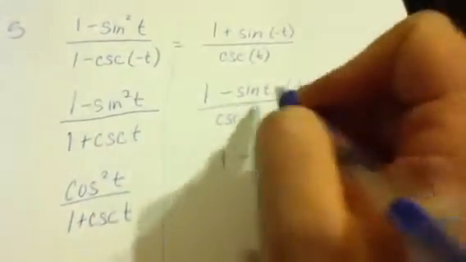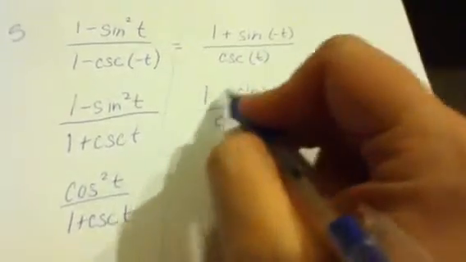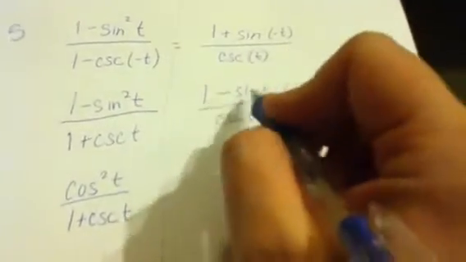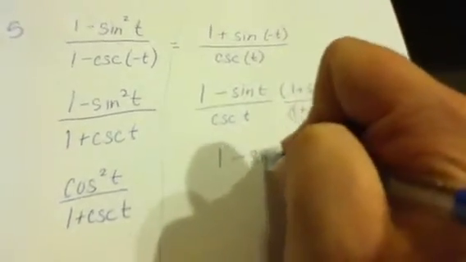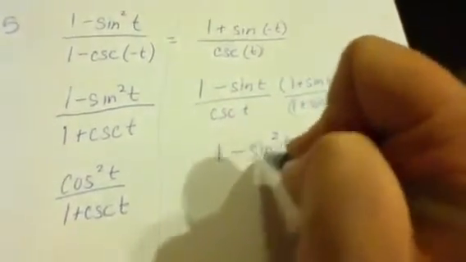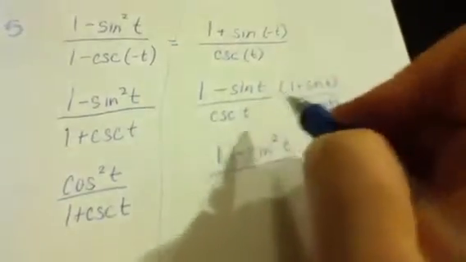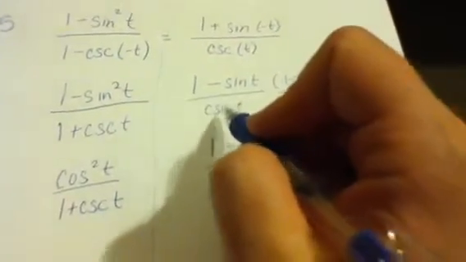Okay, I'm going to go ahead and FOIL that out. So 1 times 1 is 1. And then this is a difference of squares, so our inside-outside terms cancel. And then we have negative sine times positive sine will be a negative sine squared t. Then on the bottom I'm going to go ahead and distribute that through.